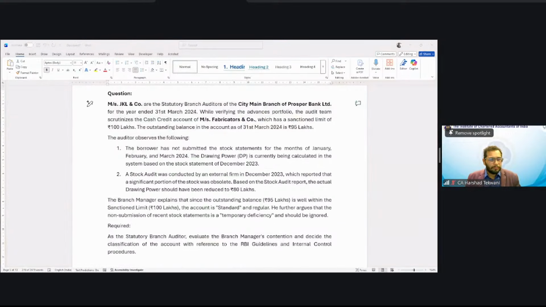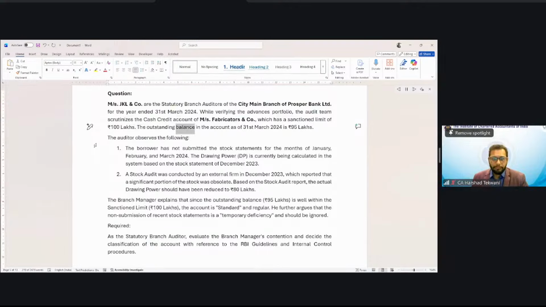M/s JKL and Co. are the statutory branch auditors of the City Main Branch of Prosper Bank Limited for the year ended 31st March 2024. While verifying the advances portfolio, the audit team scrutinized the cash credit account of M/s Fabricators and Co., which has a sanctioned limit of 100 lakhs rupees.